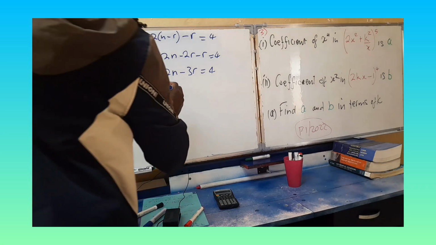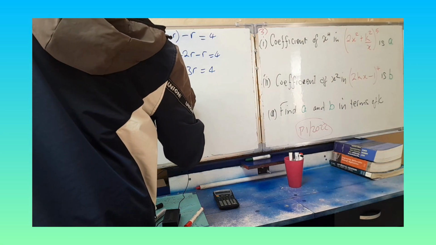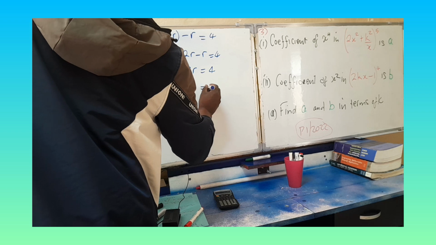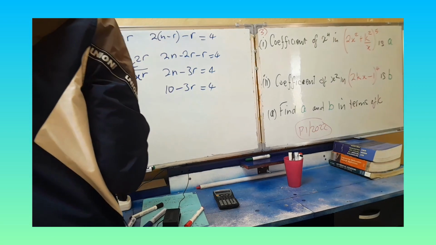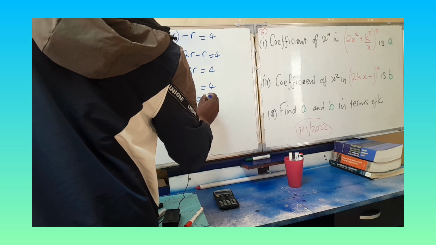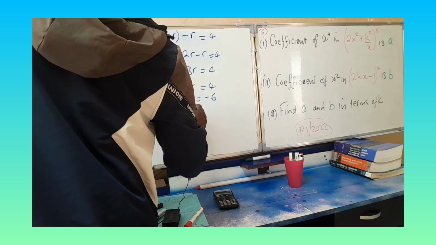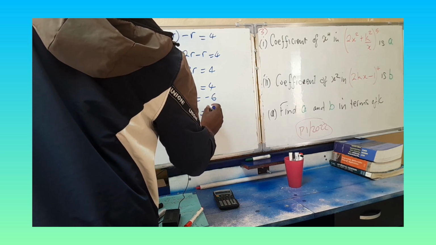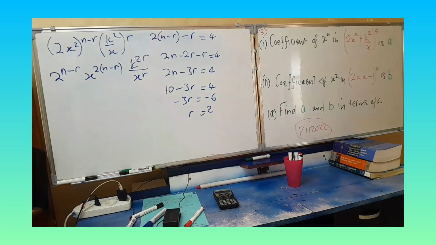So this gives us 10 minus 3r is equal to 4. Subtracting 10 from both sides, we get minus 3r is equal to minus 6, so that r is equal to 2. So our r there will be equal to 2.